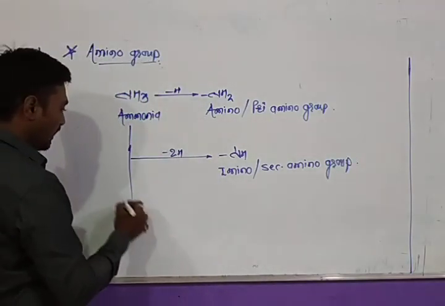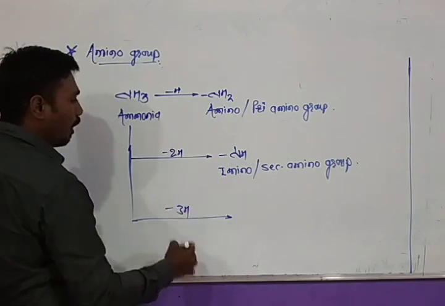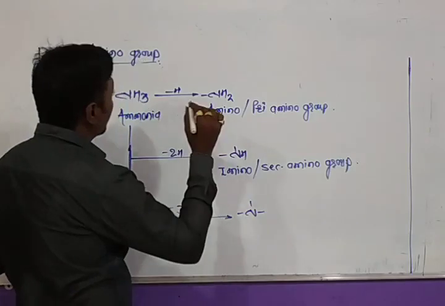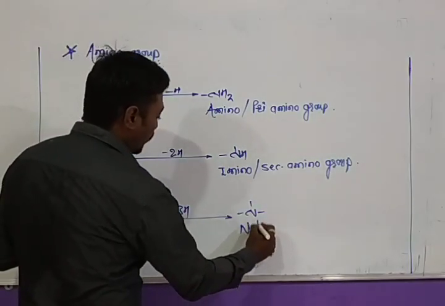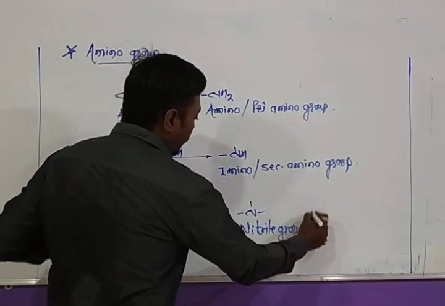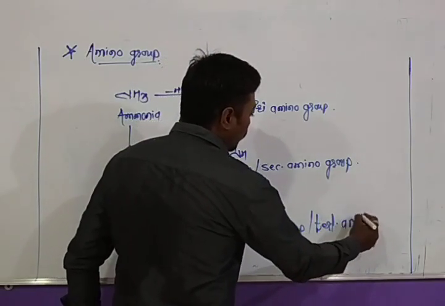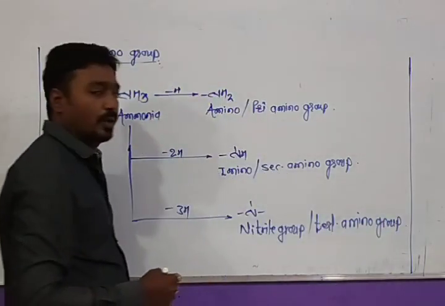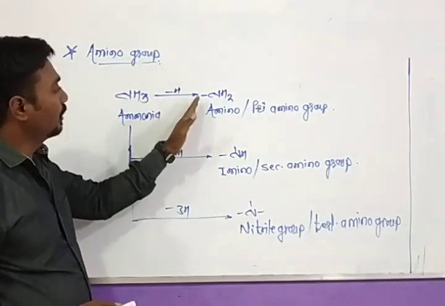If all 3 hydrogen atoms are removed from ammonia, we get our last group of the amine family, that is the nitrile group, or tertiary amino group. Now it is all about the different types of amine family groups.